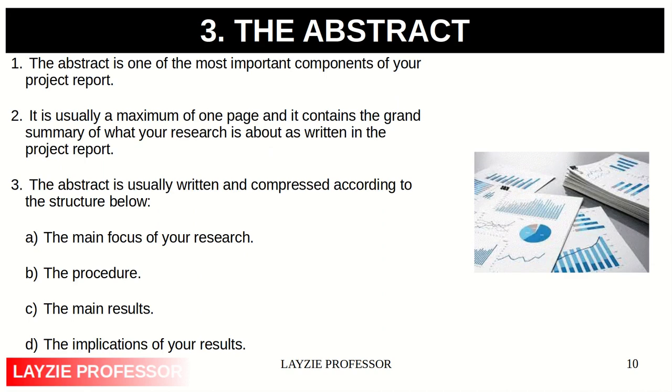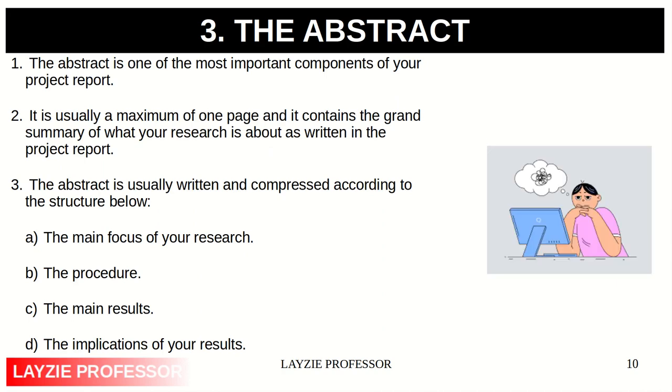We call it principal results. So if you put all your results together, what story does the result tell, or what is the grand result in there? You report this in the third part of your abstract. And then the last aspect of the abstract, you would have to describe the implications of your results. What is the meaning of the results, and what is the importance of the results to the global scientific community?